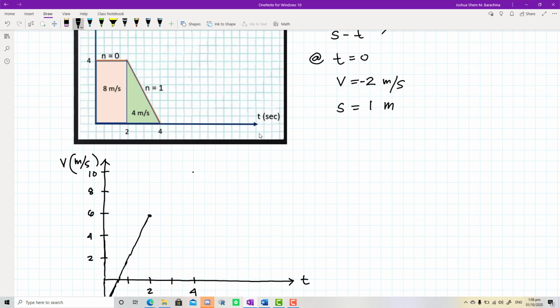Sabi ko sa inyo kanina, the absolute value of the starting point here is greater than the absolute value of your ending point in the area. So, from greater to lower.